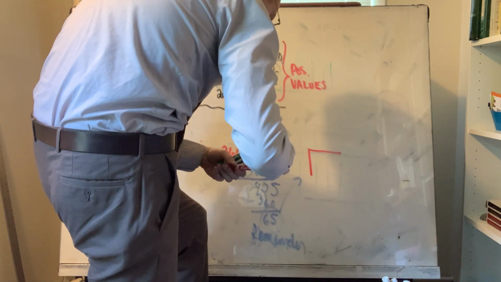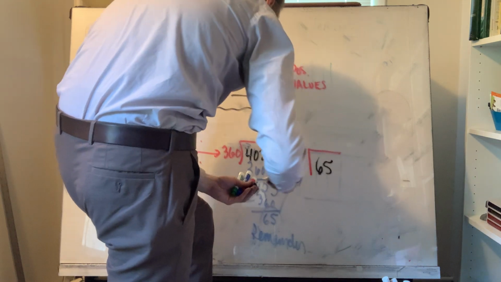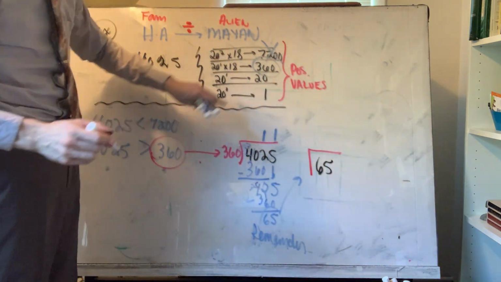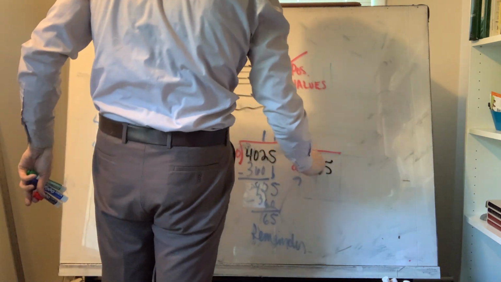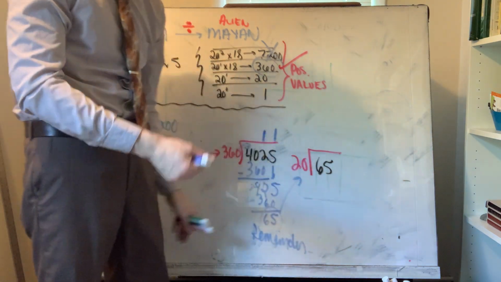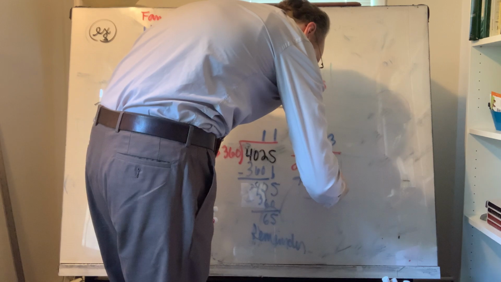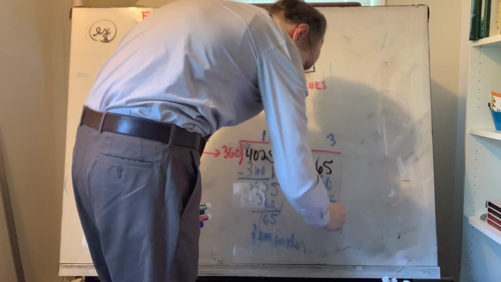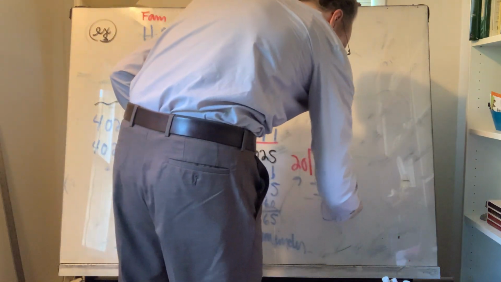So if the figure is now 65, and the position value is 20 for the next one, since we've done that one, we continue. How many 20s can you fit into 65 roughly? 3, which is 60, and the difference is 5. And we're not doing decimal division, so we're going to continue.